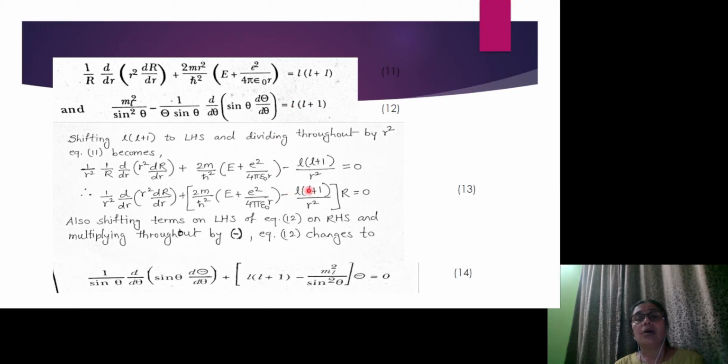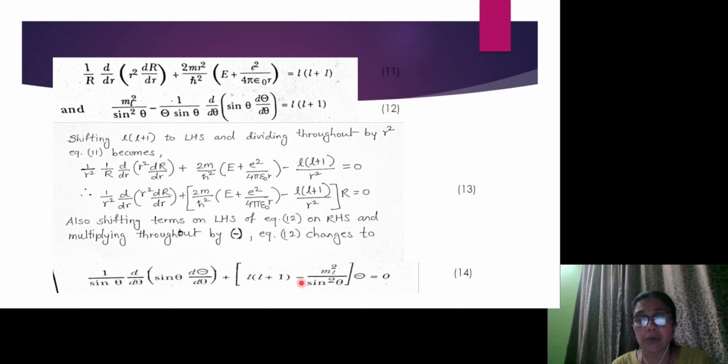So here we have multiplied by capital R, here we are multiplying by capital theta. That is equation number 14. You can see here that equation number 13 contains only variable r, equation number 14 contains only variable theta.